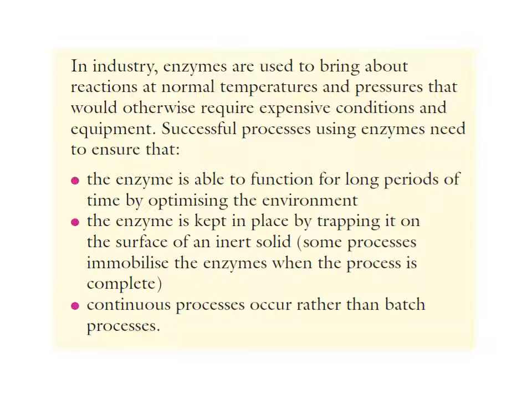The enzyme will remain unchanged, unaltered, and you can use it again and again. And third, continuous processes occur rather than batch processes. Any fermentation process or other conversion process can happen in two types, either batch process or continuous process. The continuous process is more useful because the enzymes can be used again and again.